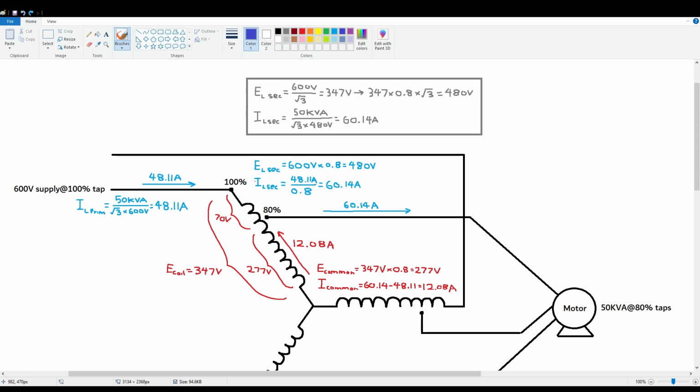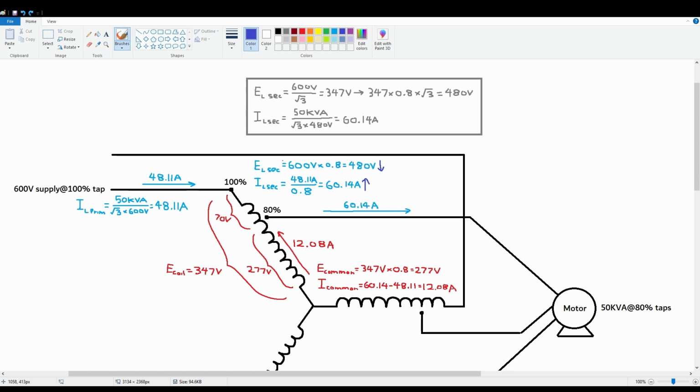After that, we can find our line current. Our line current on the secondary side will actually increase from our primary side. Since our voltage decreased on the secondary side, our current has to increase to maintain 50 kVA. If they both decreased, it would be less than 50 kVA. But because it's a transformer, it has to be kVA in, kVA out.